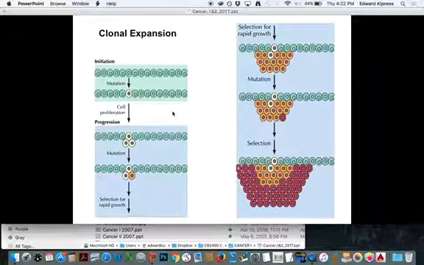In this stage, we're going to give it a name, and that name is hyperplasia. Hyperplasia just means over-proliferating, but they're not actually cancerous.